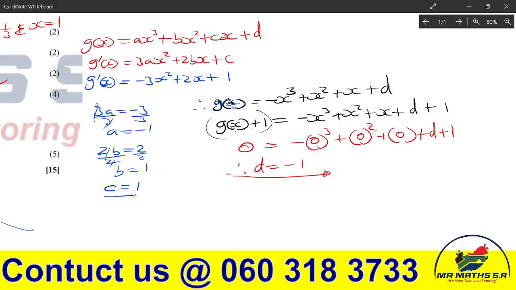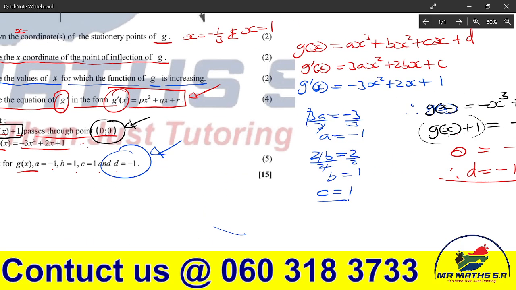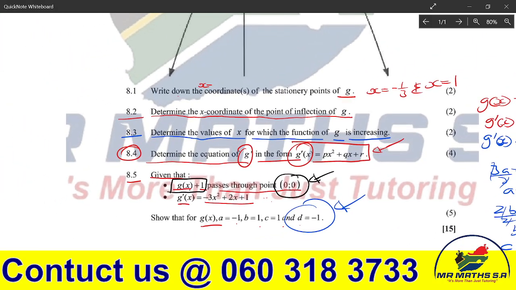Are we together? One could say that g of x plus 1 shows a vertical shift. The graph has been shifted upwards 1 unit.